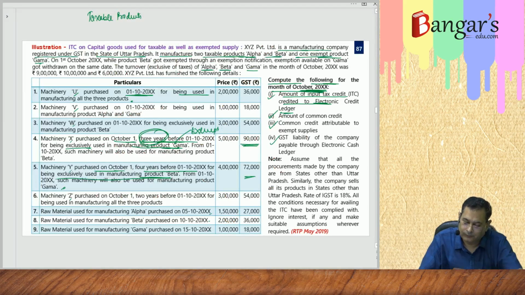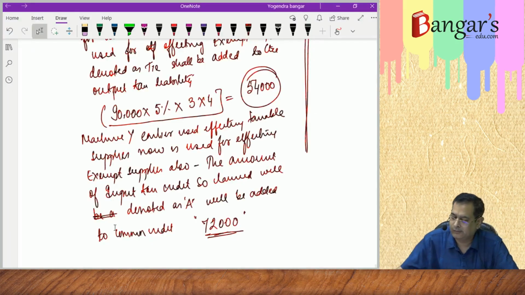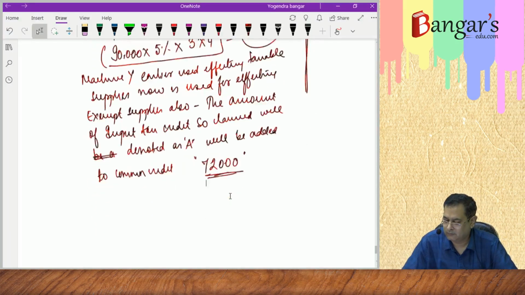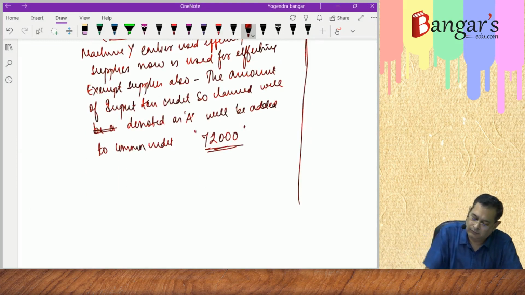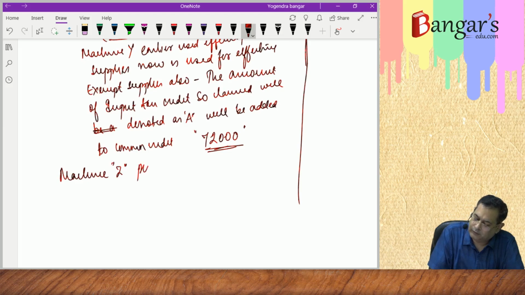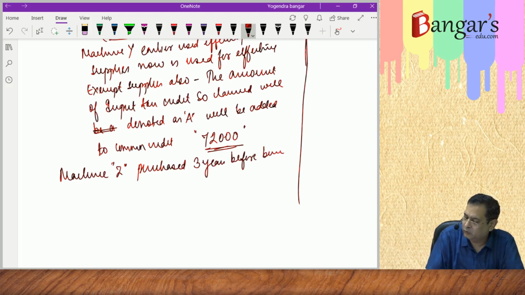Okay. Then machine Z, purchased 3 years before, being used for manufacturing all the three products.